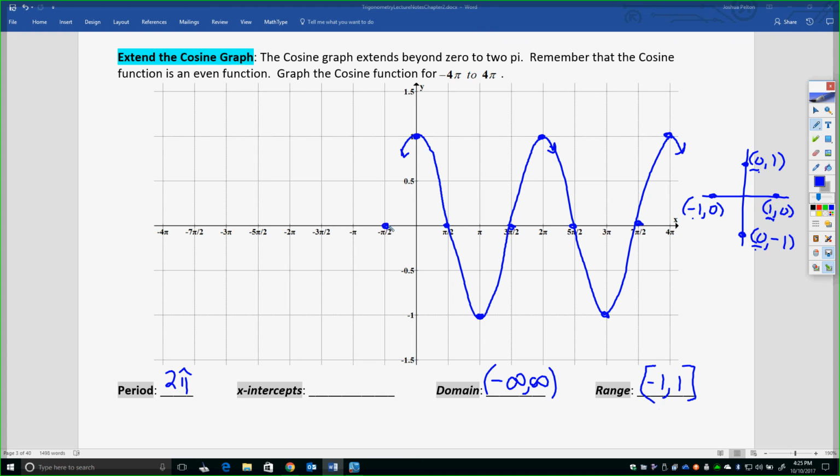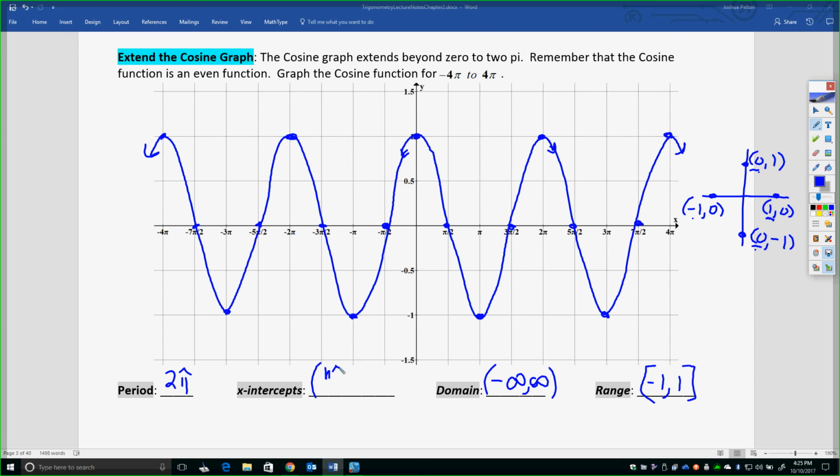So let's go put our intercepts on here now. Again, this time they're the half values, so it's n pi over 2, comma 0.